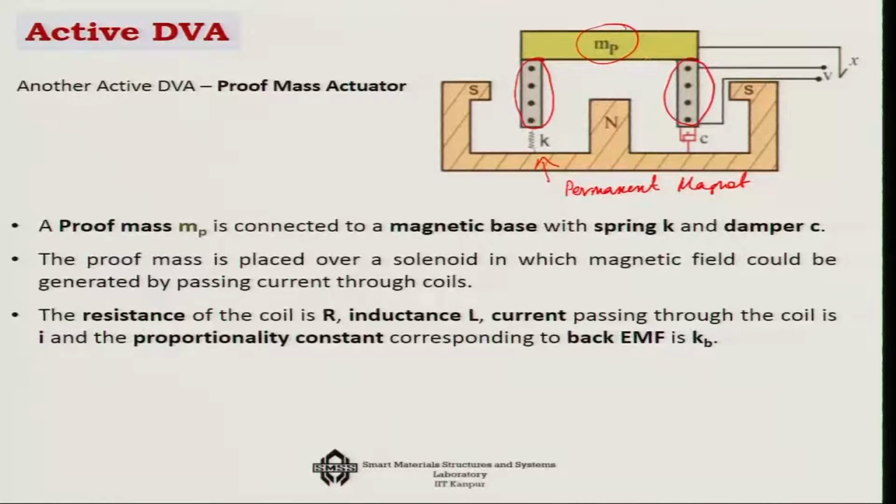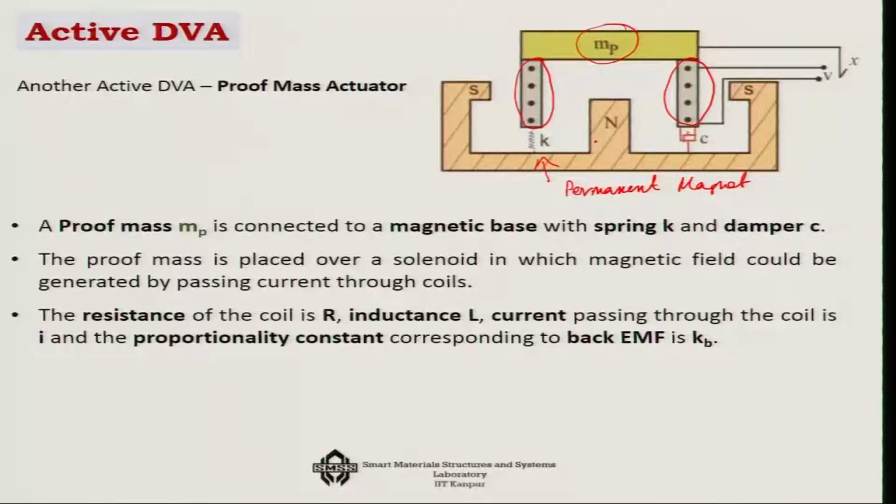So, that is the electromagnetic coil system, and a kind of spring and damper. It is a symbolic representation, but the way it is attached with the permanent magnet may be considered through a spring and a damper. So, that is the total construction of the proof mass actuator.